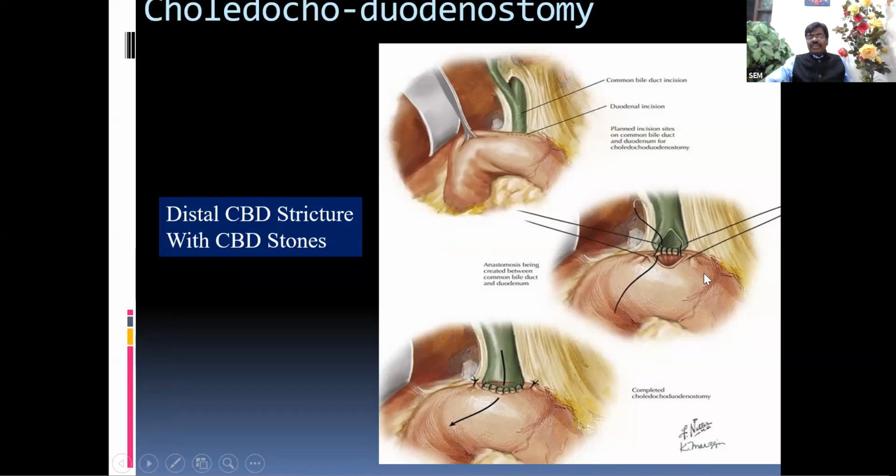So it's very easy if you understand, joining the bile duct to the first part of duodenum, because I told you already the bile duct is supraduodenal and also goes behind the duodenum, retroduodenal. At that place, you make an incision in the bile duct, an incision in the first part of duodenum, and join them. So the bile will be going here rather than going through the ampulla of Vater, because the ampulla of Vater is having a stricture. So in a stricture of the ampulla of Vater, we can do this. That is called choledochoduodenostomy. So these are all the various procedures we do.